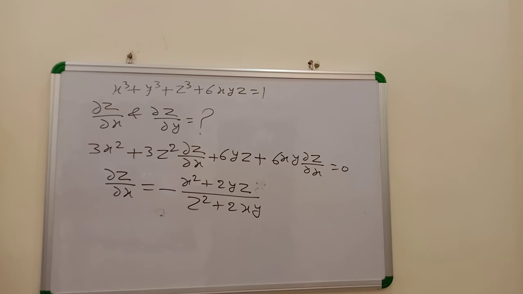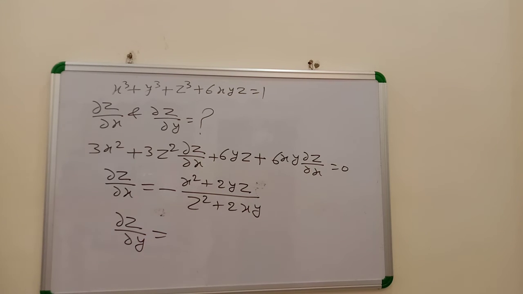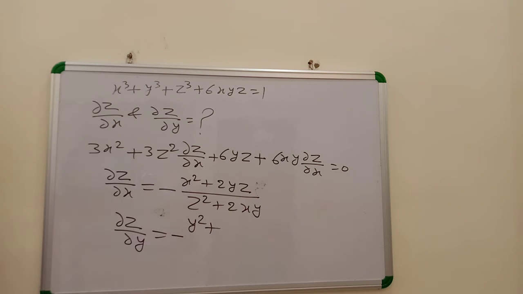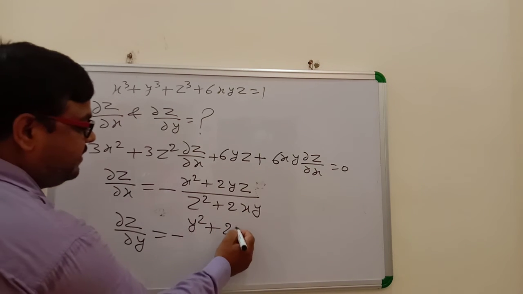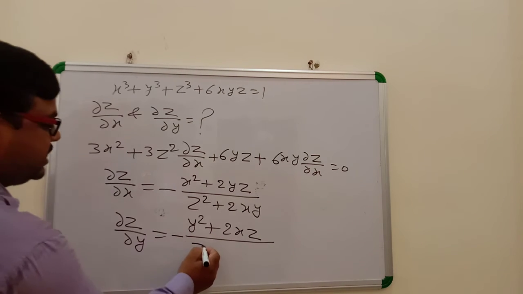Similarly, to find del z over del y, implicitly differentiate the given function with respect to y, treating x as a constant, and we get del z over del y equal to minus (y square plus 2xz) divided by (z square plus 2xy).